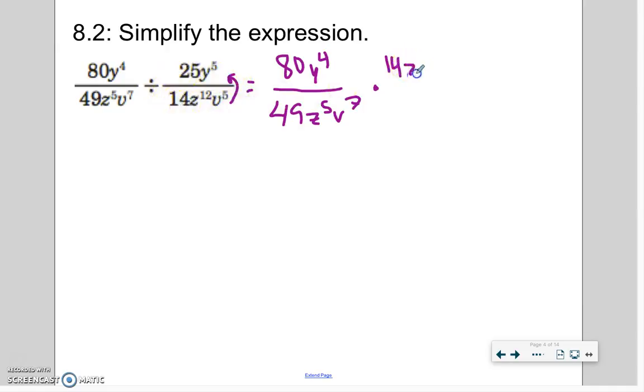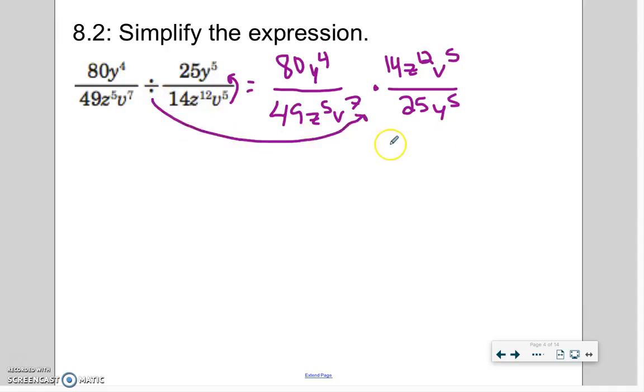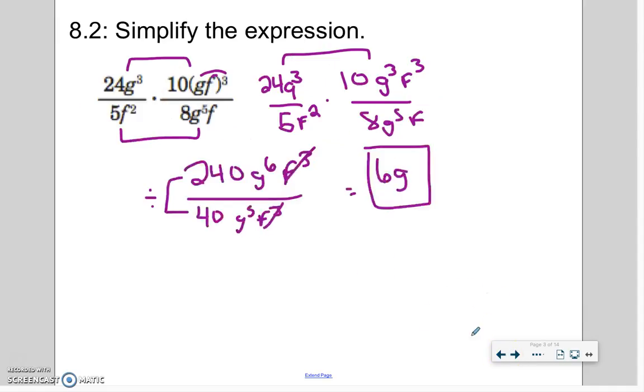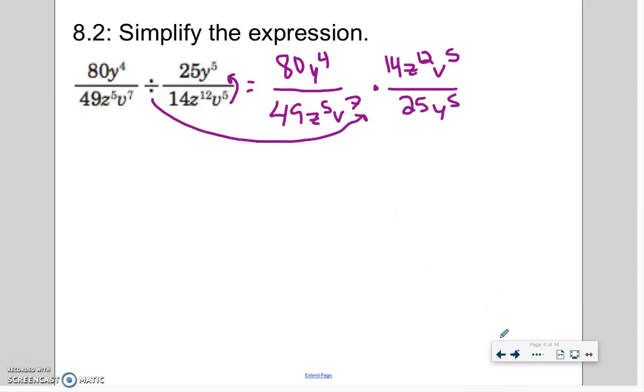So it becomes 14 z to the 12th, v to the 5th, all of that divided by 25 y to the 5th. You've now turned a division problem into a multiplication problem. So you do exactly what you just got done doing on the slide before. So we're going to multiply tops, multiply bottoms, and then we'll simplify.